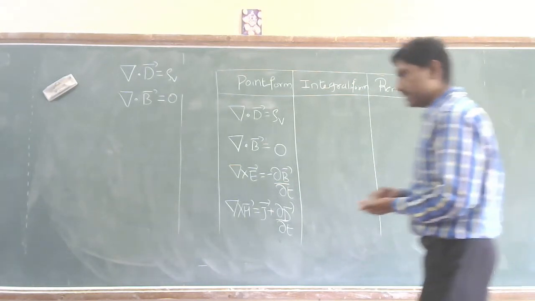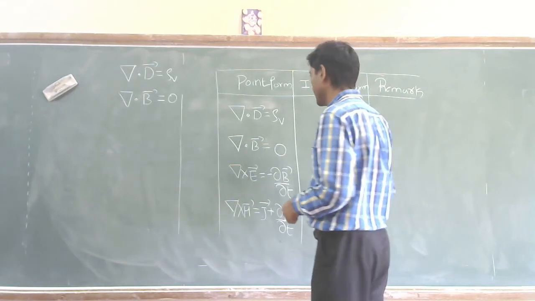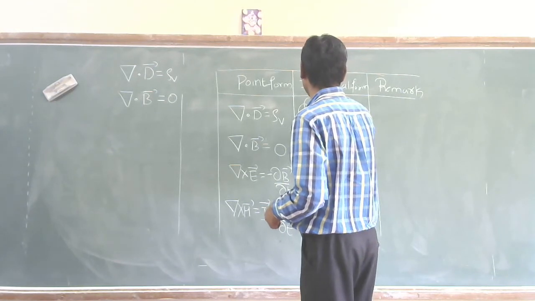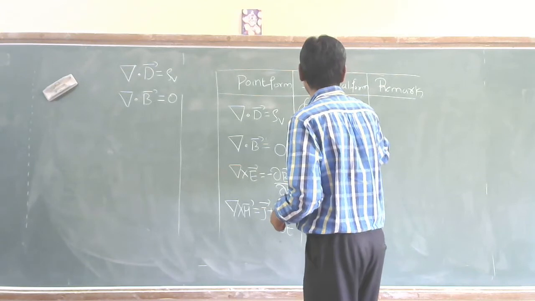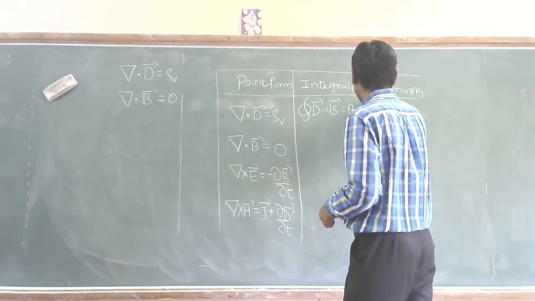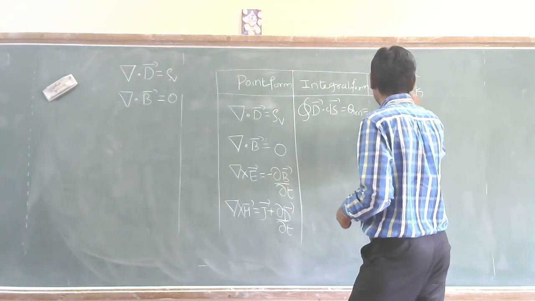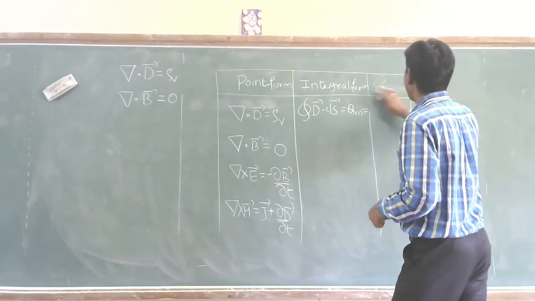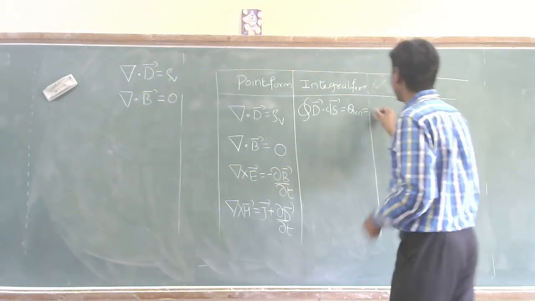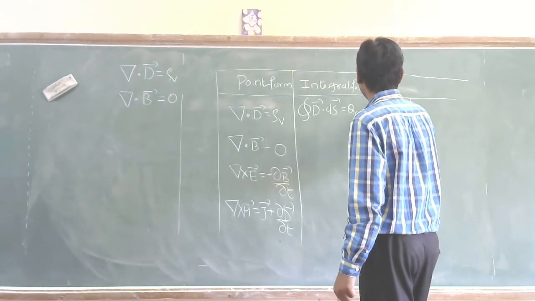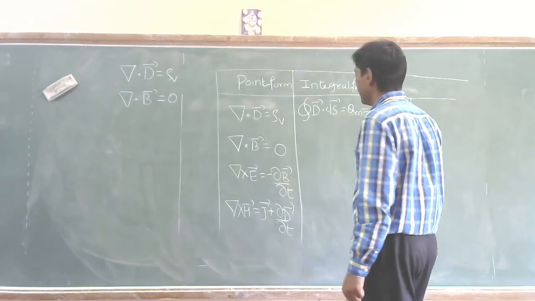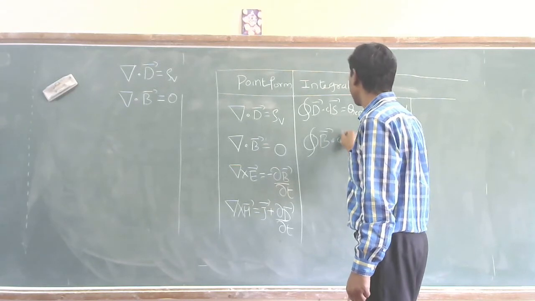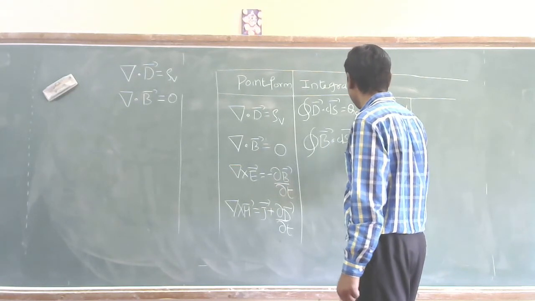So now I can write these equations in the integral form. I know that the surface integral of D dot dS equals Q enclosed, and this Q enclosed we can also write as the volume integral of rho V dV. And this we can write as the surface integral of B dot dS is equal to 0.